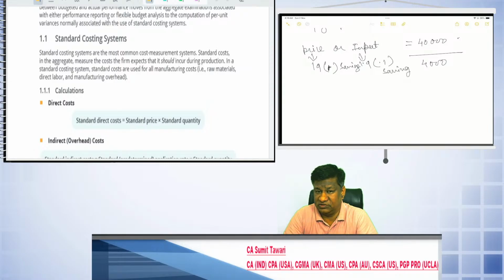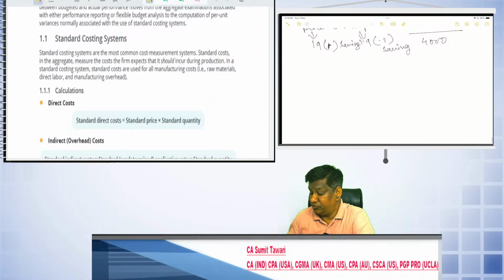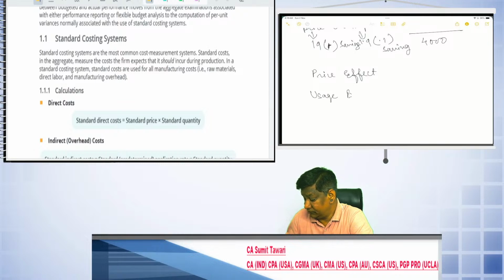I hope you are able to understand. And we need to know whether the saving is because of the price effect or the usage effect. That you need to know.